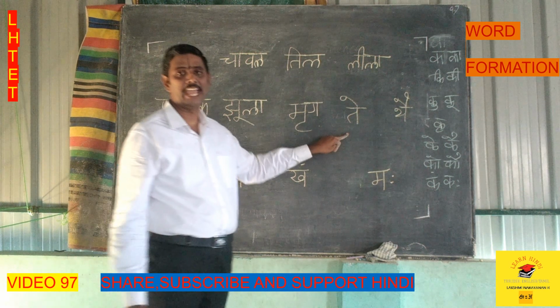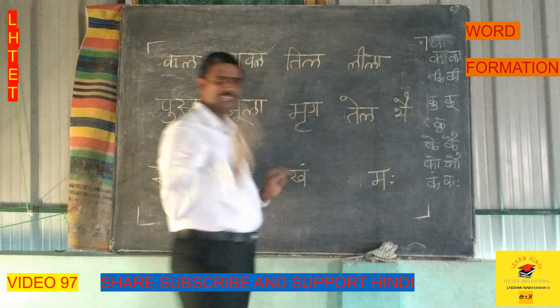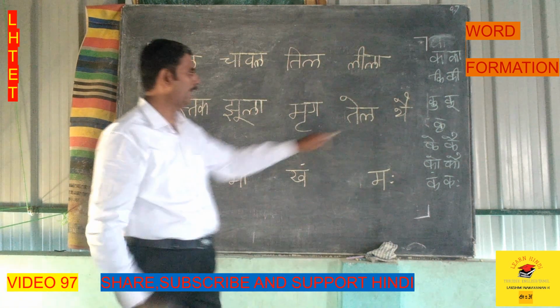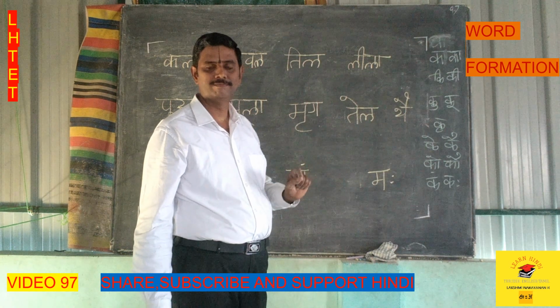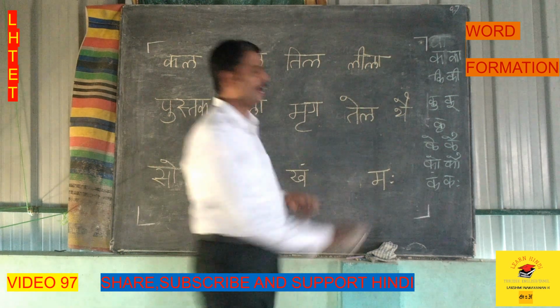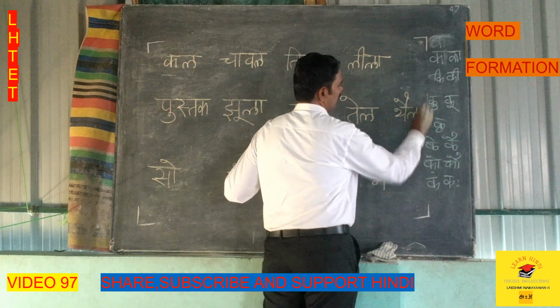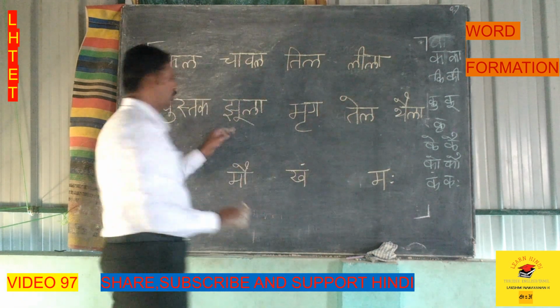Next is te, the e sound. I have added la, and it becomes tel, oil. Next is the ai sound, taila. Taila also you can write. Taila means bag. See, there are so many words: leela, taila, jhula.